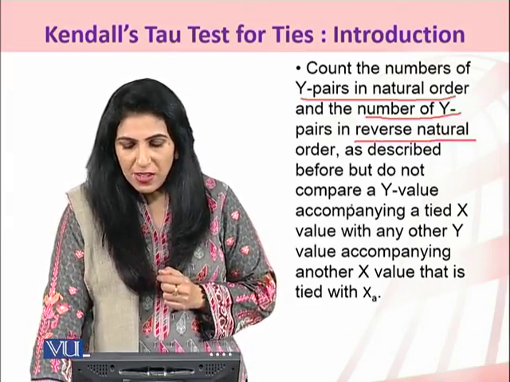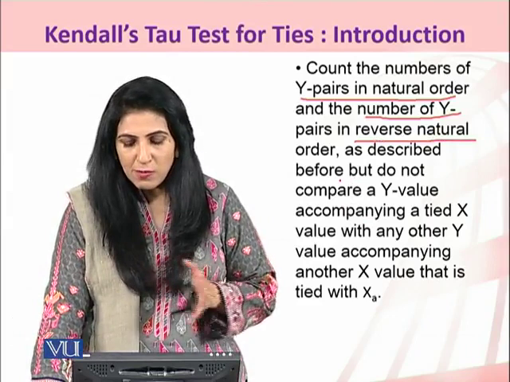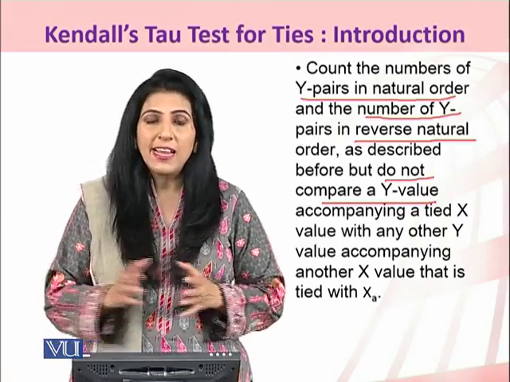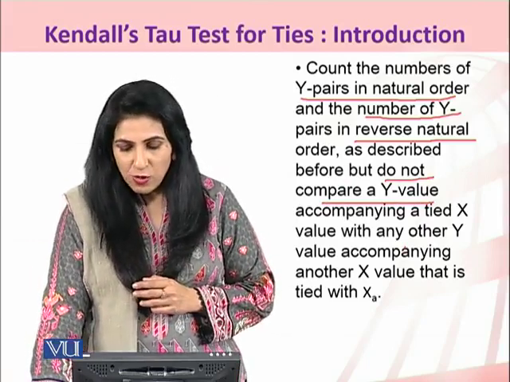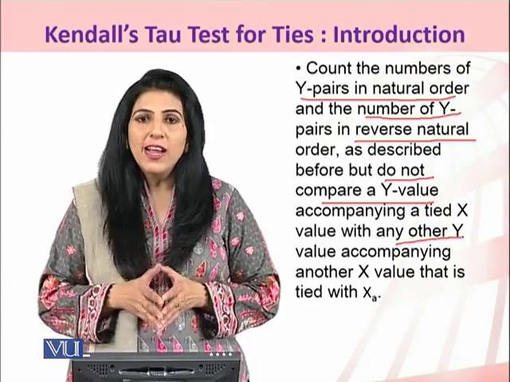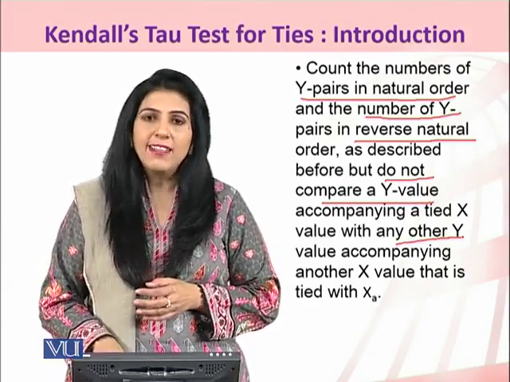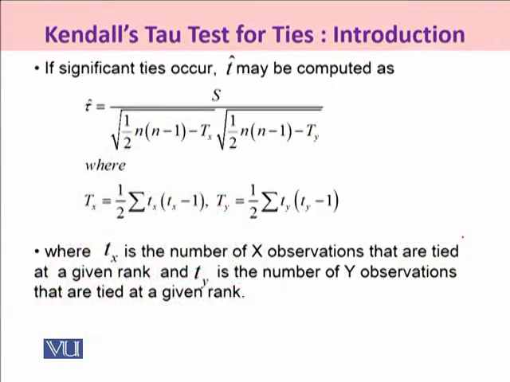One point that you need to consider is that we do not compare y values accompanying a tied x value with any other y value accompanying an x value that is being tied with it. So students, that means the significant ties may occur even in x or in y alone, or they may occur in both of the xi's and yi's variables.